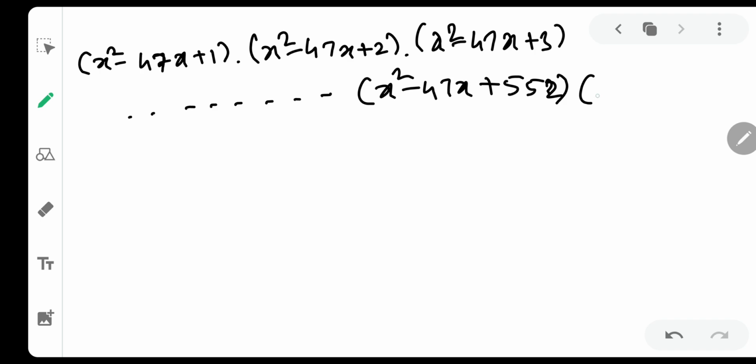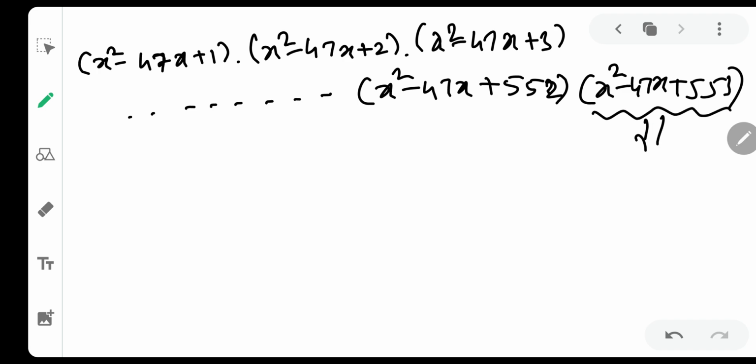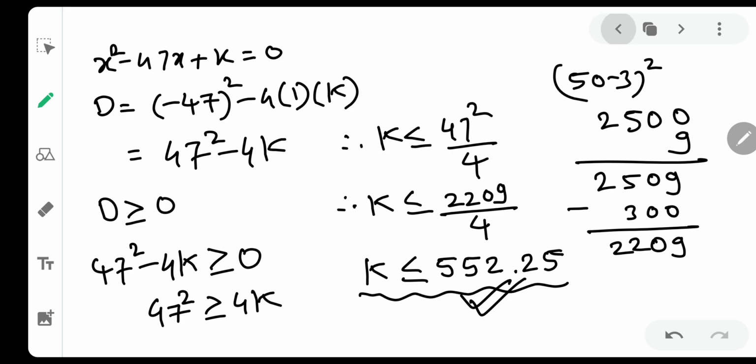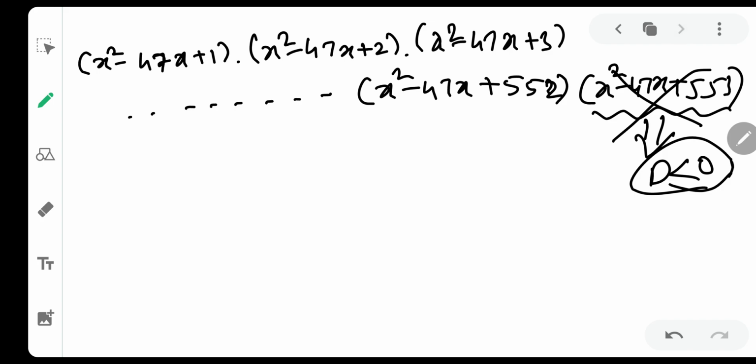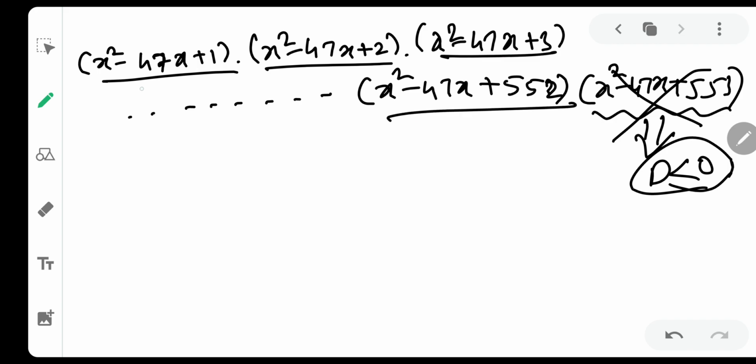After this the equation with 553 comes. If you calculate the value for this, D will be less than 0, hence this is discarded, and similarly 554, 555, up to 999. All the other equations will have non-real roots. So only the first 552 equations have real roots.